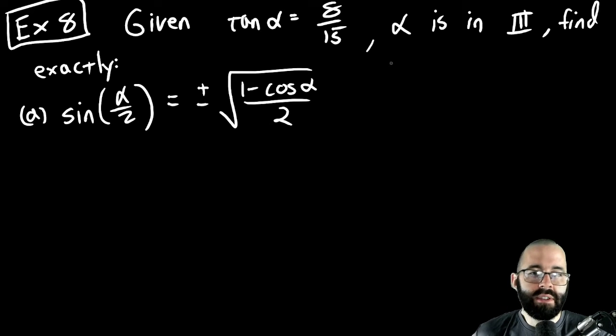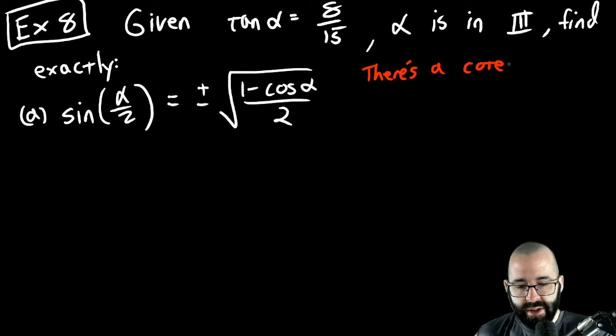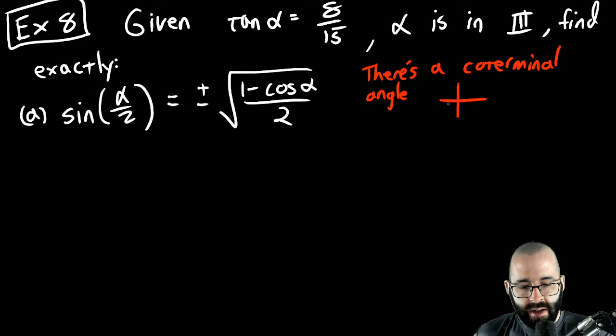Let's look at the coterminal angle, because we don't actually know how big alpha is. We know it's in the third quadrant, but we don't know how big it is. Coterminal angle in the third quadrant, that's between, right? If we're in the third quadrant, then we're bigger than 180 degrees.